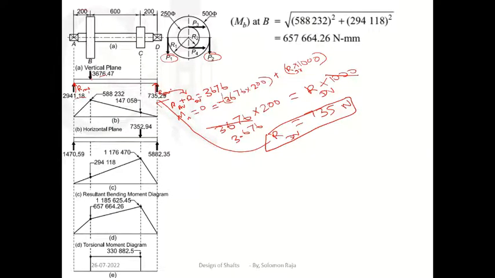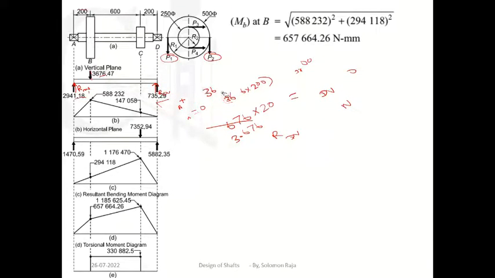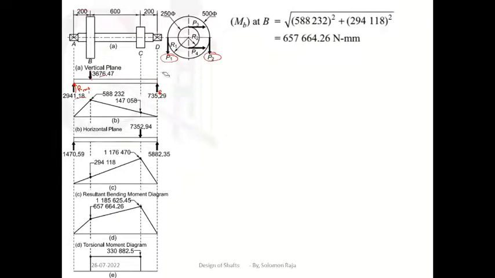So the load diagram for this vertical load is over. Let me erase everything and go to horizontal loads.